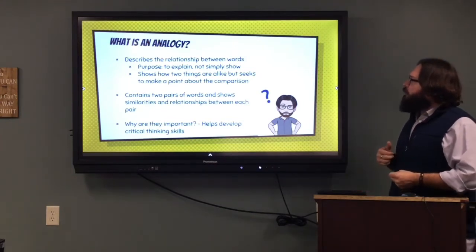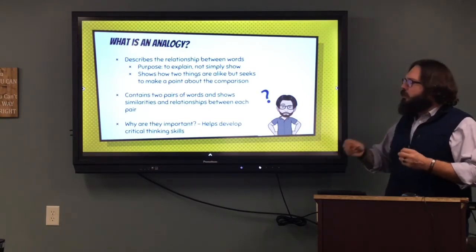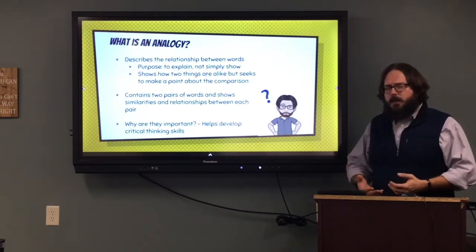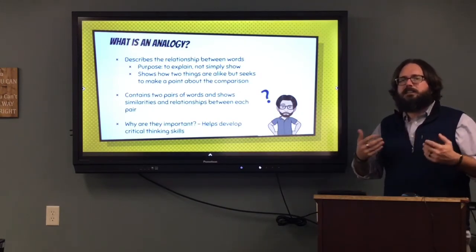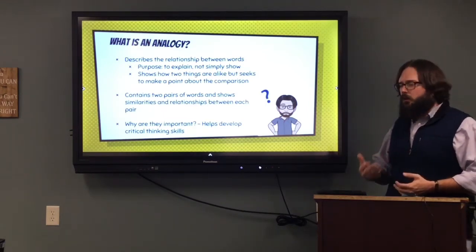Typically, an analogy is going to contain two pairs of words that will show the similarities and relationships between each pair. And we will be looking at several examples when we get into the types of analogies that authors will use.